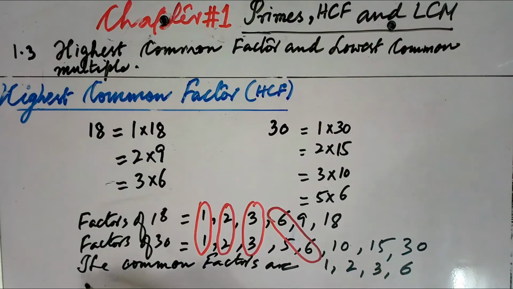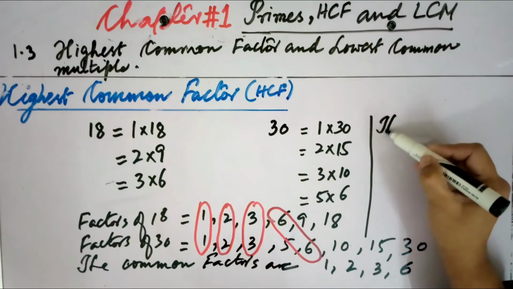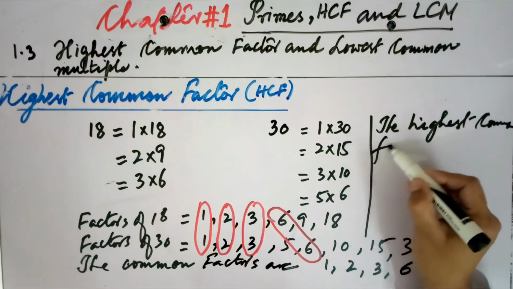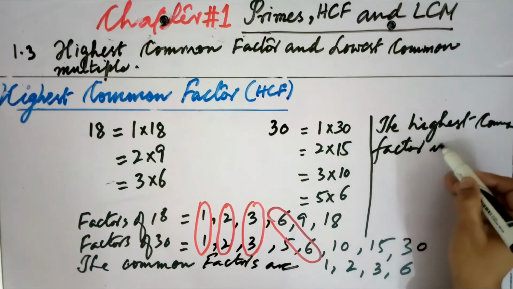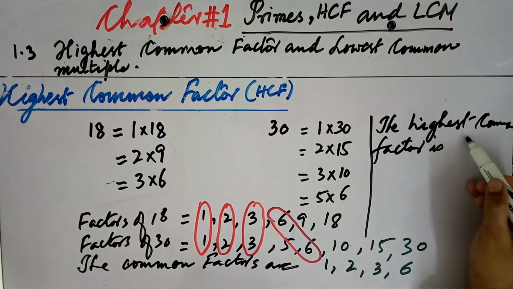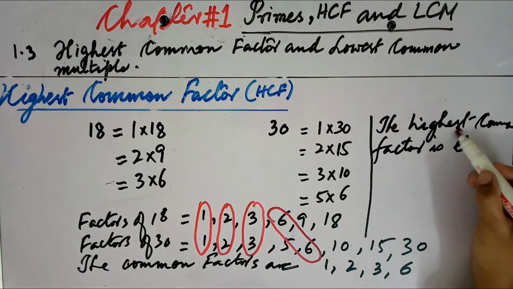And if you are going to find out the highest common factor, I will write here: the highest common factor is, what would it be? 1, 2, 3, 6. What is the common factor which is the highest one? This is 6. And you will say that 6 is your answer.